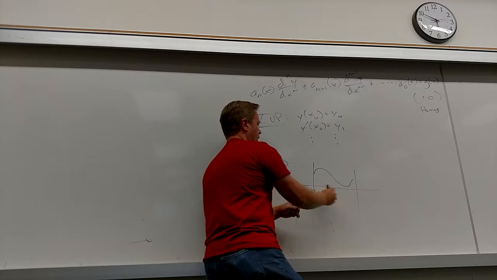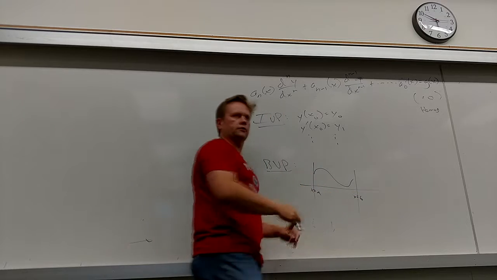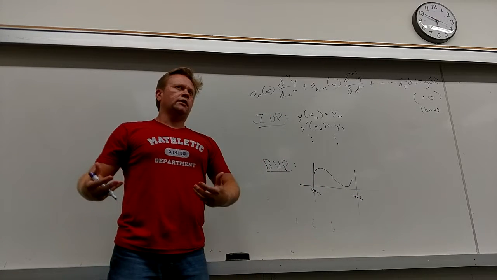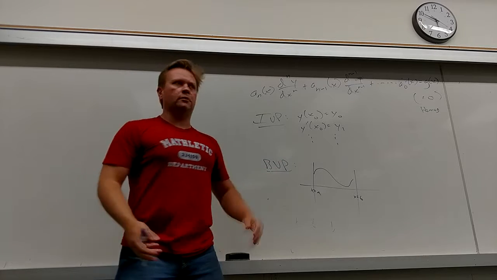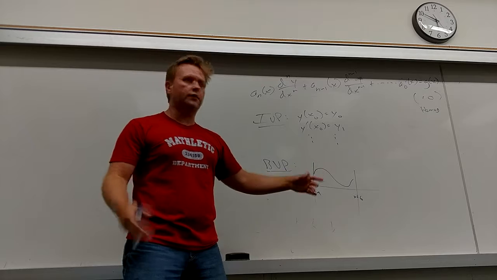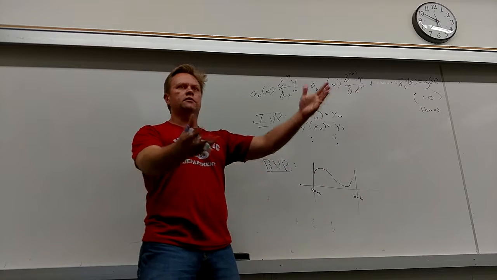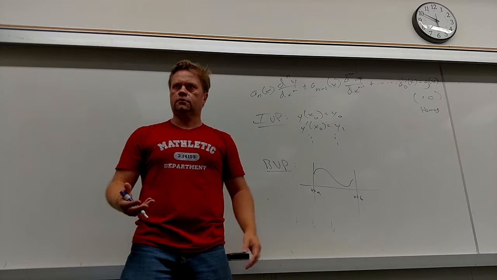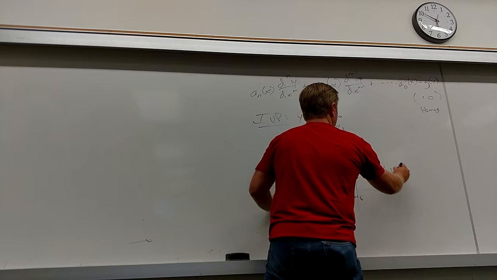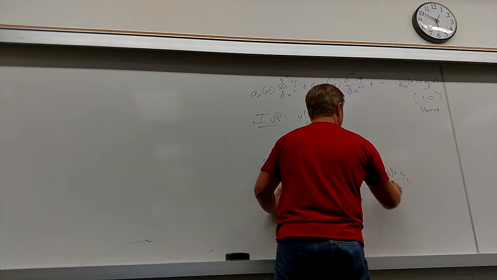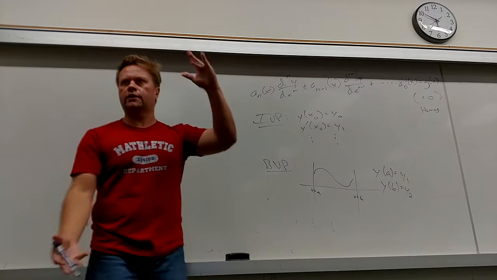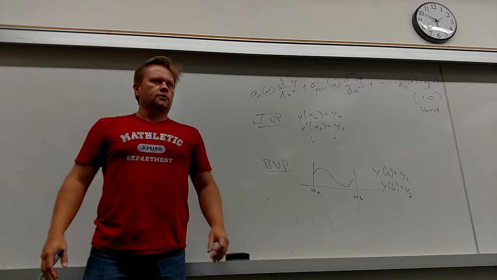X equal a, x equal b, whatever. Does that difference make sense? And in solving these things, you don't have to remember which one is which. You do the same process to solve it. You use what they tell you to figure out what the constants are, as always. So this would be y of a equals y1, y of b equals y2, and then however many more they need to give you.